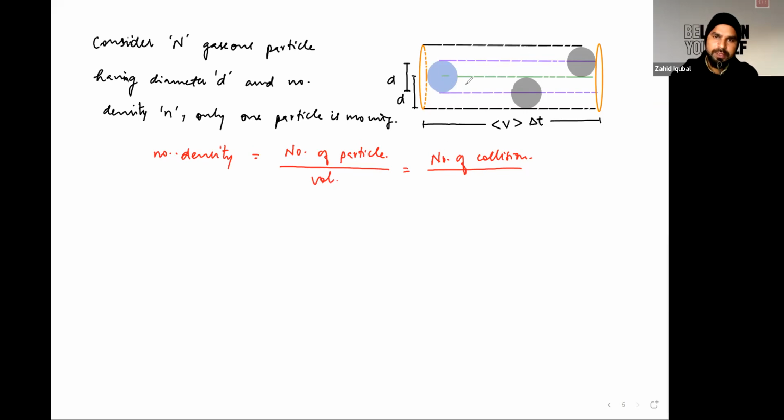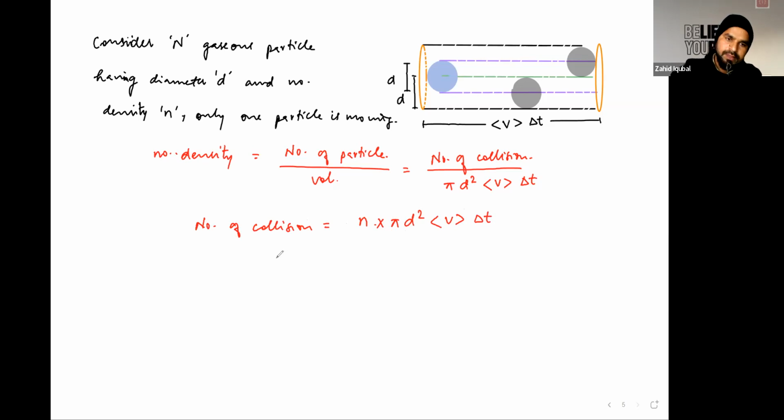Now, the volume of this particular cylindrical segment will be pi r squared times height, where height is average velocity times delta t. Now, from this part, we calculate the number of collisions, which will be number density multiplied by volume: pi d squared times average velocity times delta t.